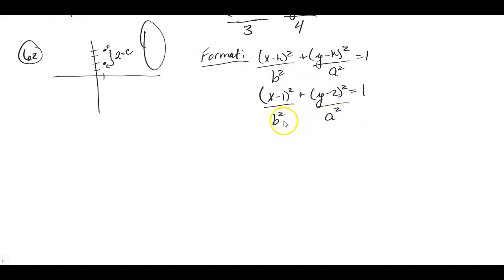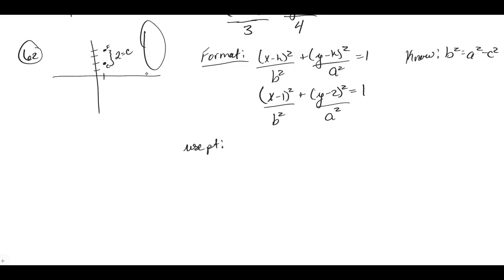So we need to figure out A and B, and we know C. We also know that b squared equals a squared minus c squared. Okay, but I've got too many unknowns here. So let's see if we can use the point.